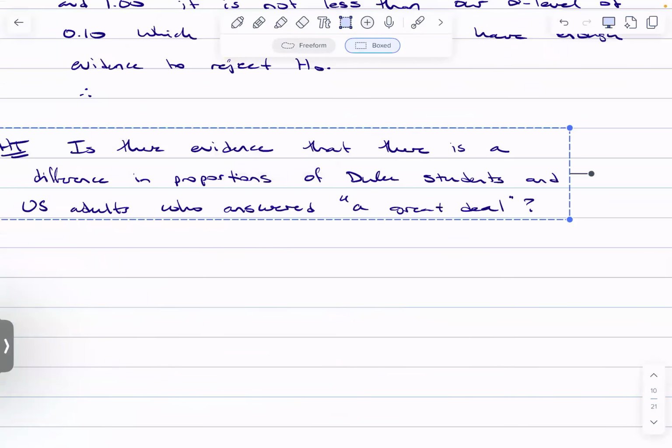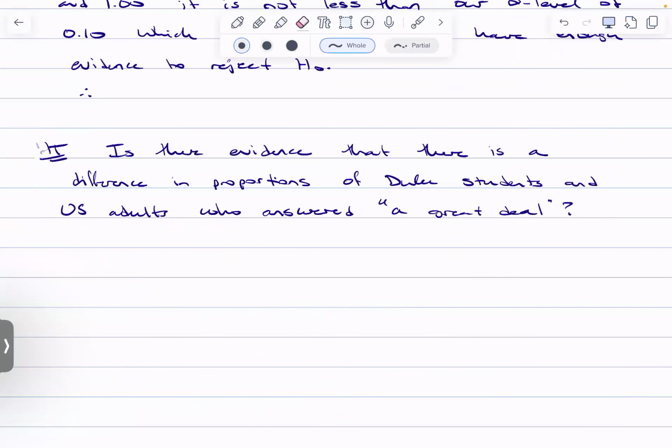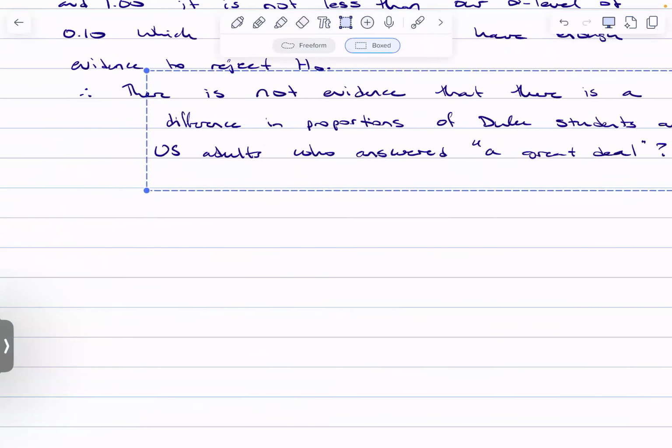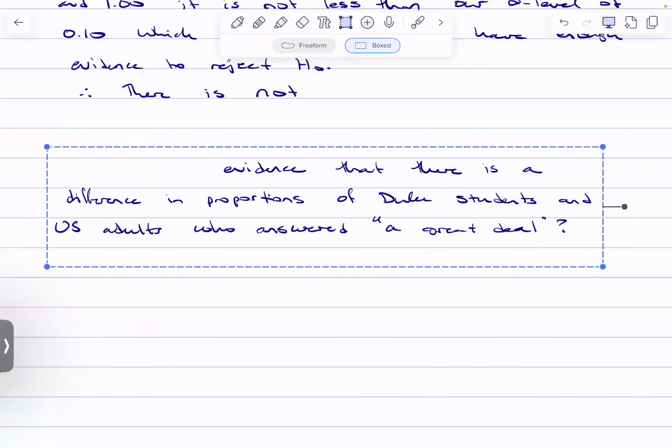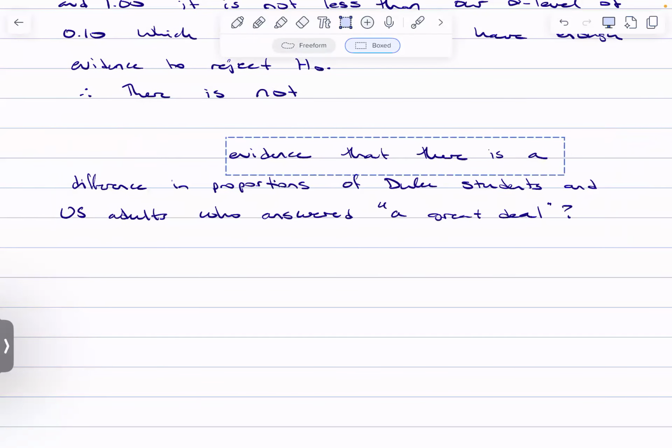You reword the question as an answer. There is evidence. Is there evidence? Well, turns out there is not evidence. I tried to bungle that up, didn't I? There is not evidence. I'll have to do it piecemeal here.